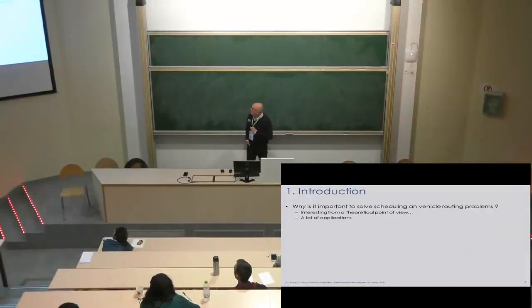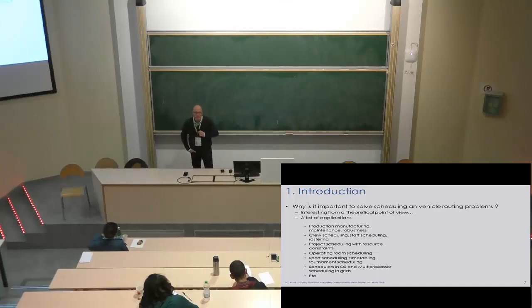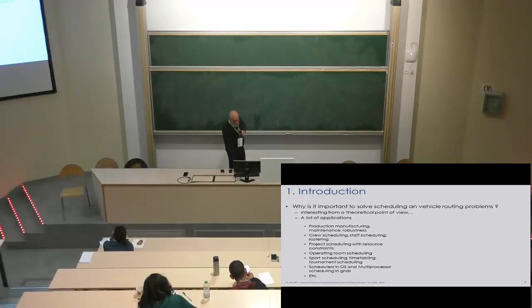So why is it important to solve scheduling and vehicle routing problems? It's interesting first from a theoretical point of view. When we do research, we like theoretical problems. And it is also interesting from the point of view of applications. For scheduling problems, we have, of course, production optimization problems, but also crew scheduling, staff scheduling, project scheduling, operating room scheduling, etc. A lot of scheduling tasks to solve, and very important from a practical point of view.